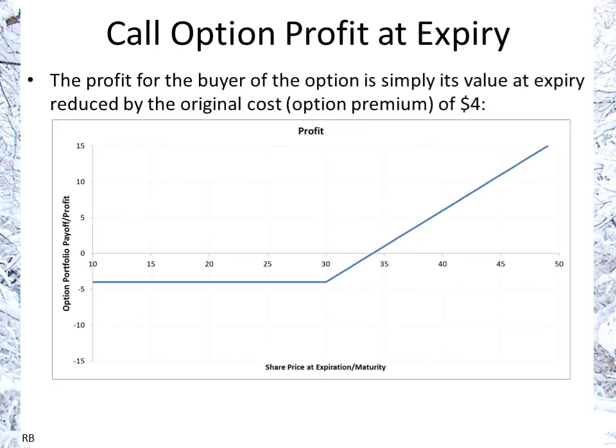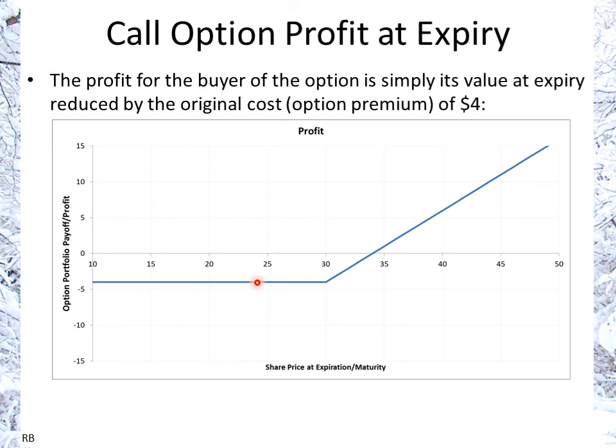Now the profit for an option, for the option buyer that we're showing here, is simply the value of the option at expiry reduced. In other words, you subtract the original cost that you pay for it, which would be $4, because the initial option premium was $4. So for anything from 0 to 30, you're losing $4. Why?